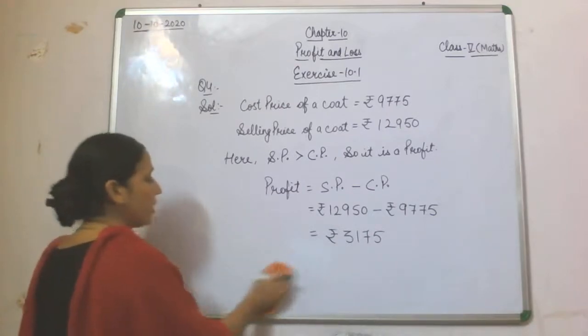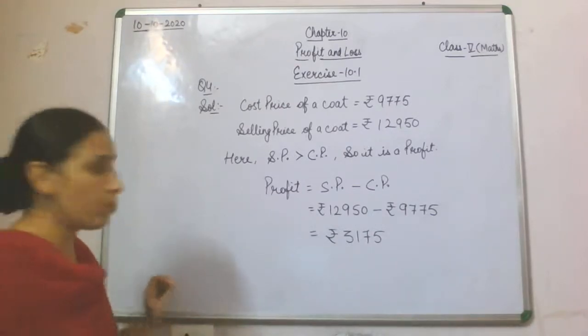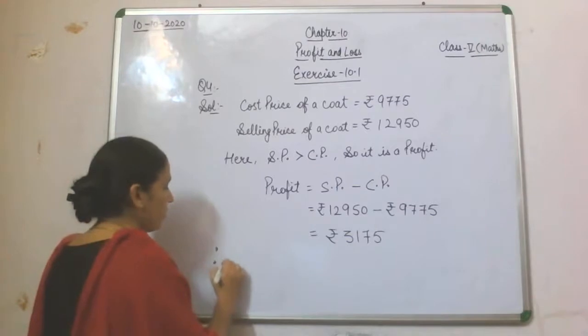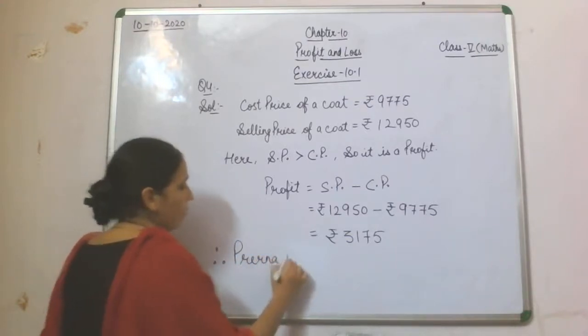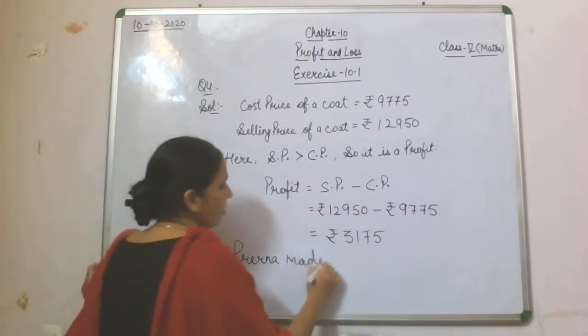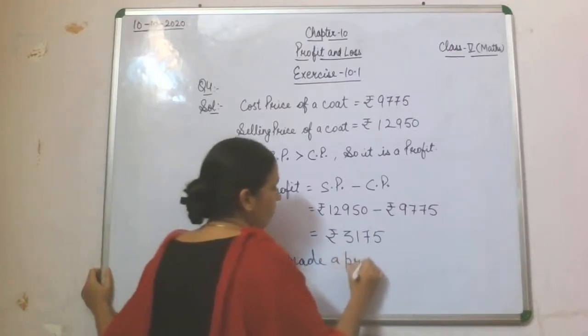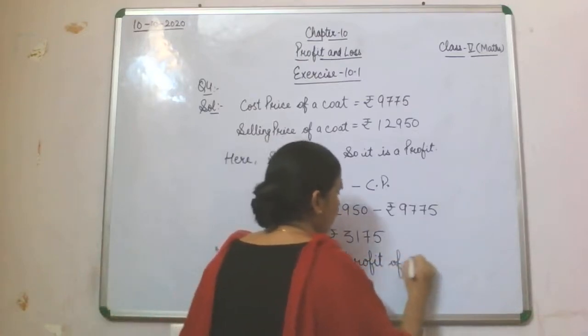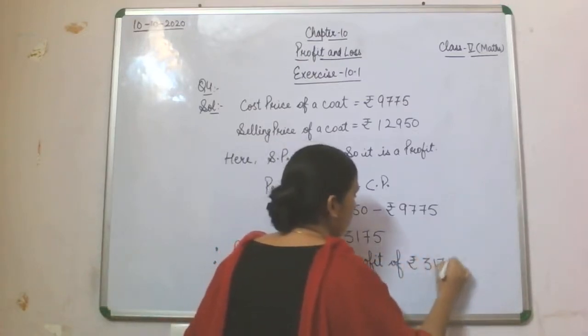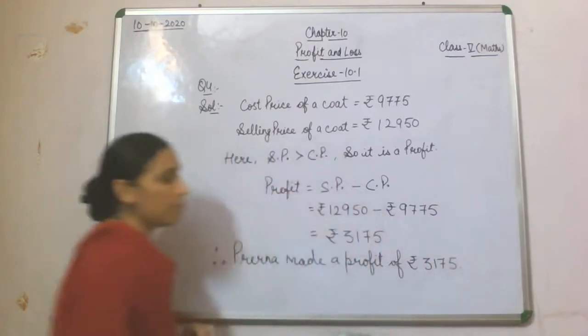Therefore Prerna made a profit of rupees 3,175.